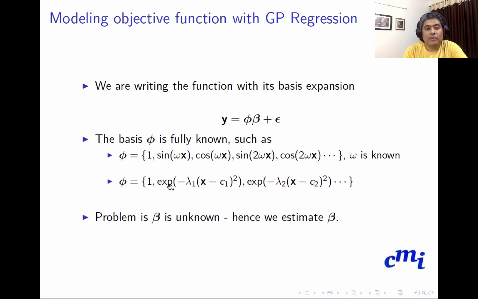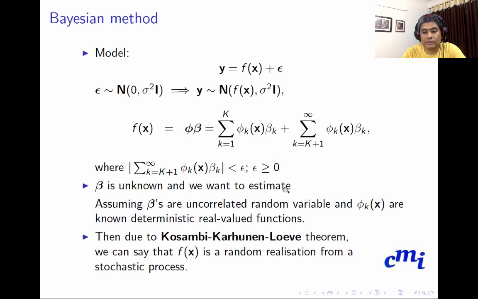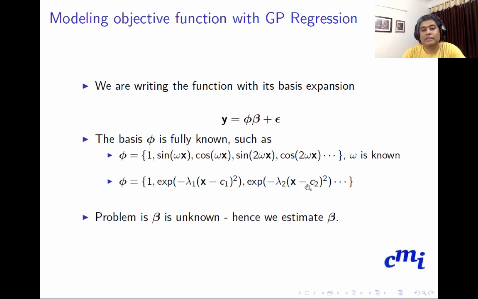Similarly, 1, e to the power minus lambda 1 times (x minus c1) squared, e to the power minus lambda 2 times (x minus c2) squared. These are known as Gaussian bases, and if lambda 1, c1, lambda 2, c2 are all known to us, then this Gaussian basis is completely known to us.